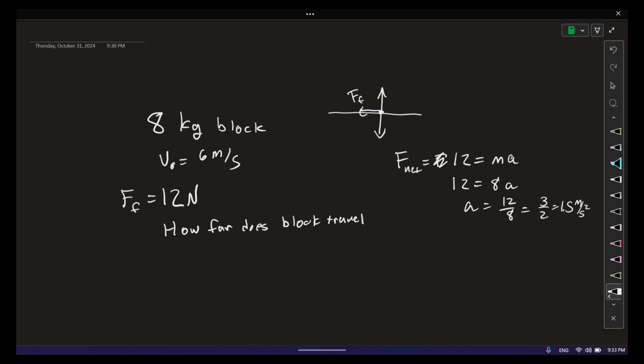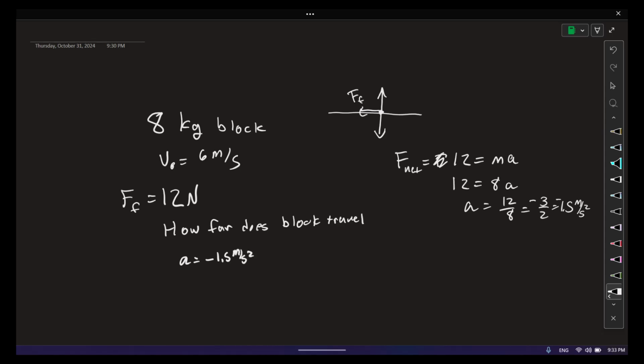So if it's moving positive 6 meters per second, the acceleration has to be negative 1.5 meters per second squared, because friction always acts opposite the direction of motion.